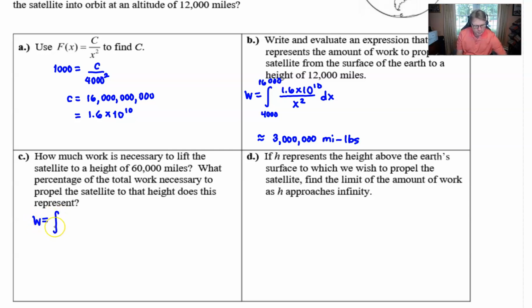All right. And so to make that happen, we're going to set up the work again, and we will use the exact same formula. It's going to be our 1.6 times 10 to the 10th over x squared. We're going to find this antiderivative with respect to x. But this time, we read this, how much work is necessary to lift the satellite to a height of 60,000?